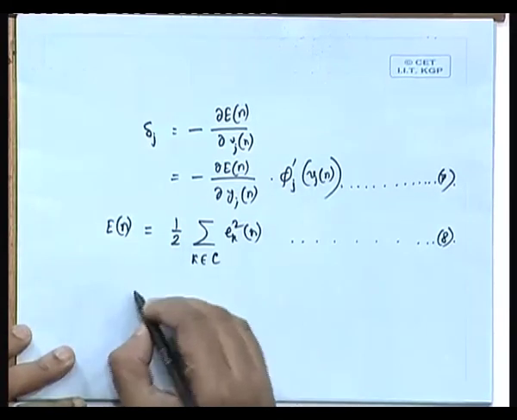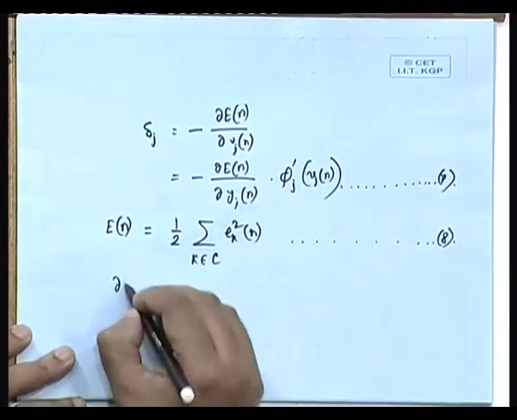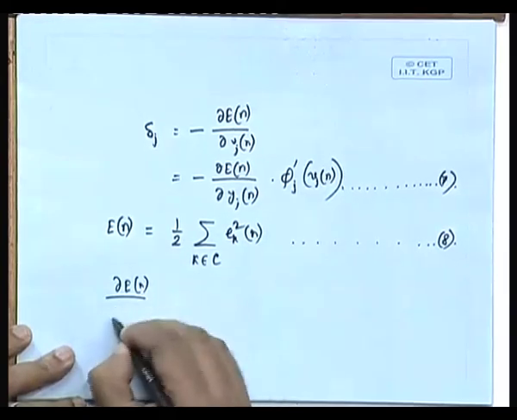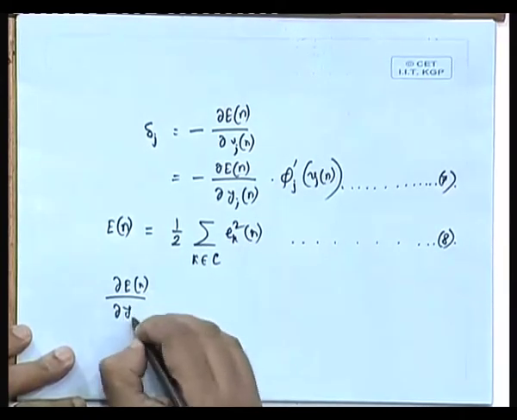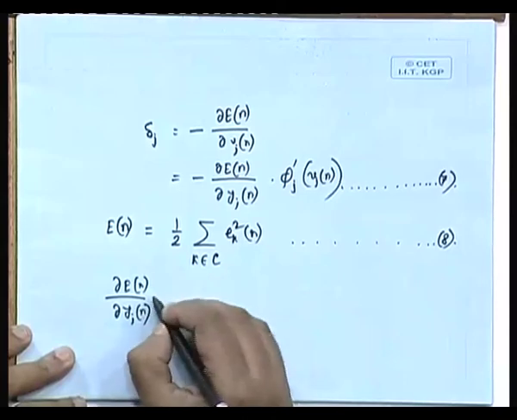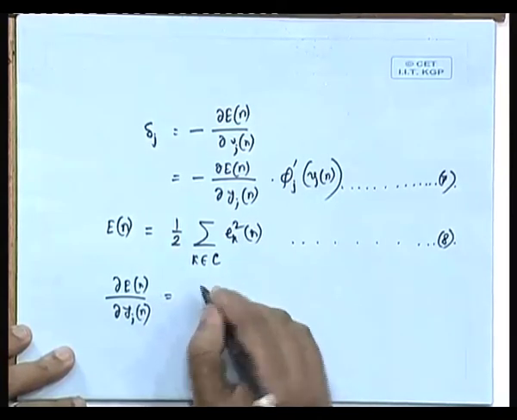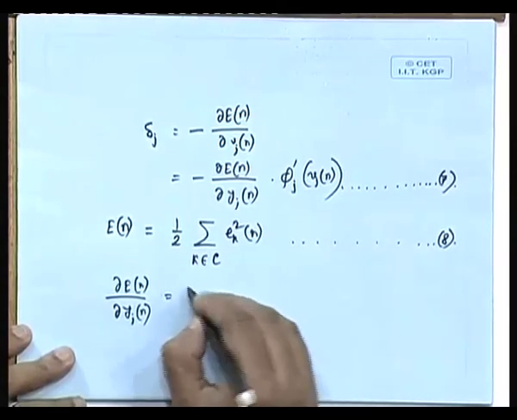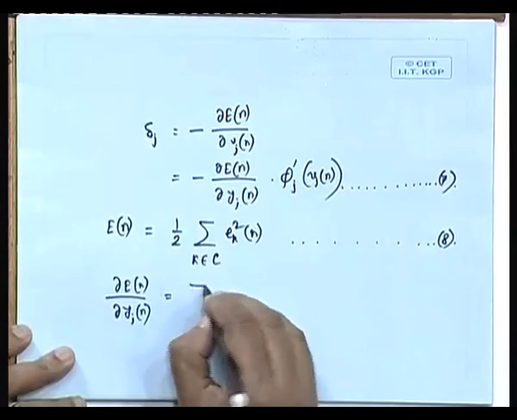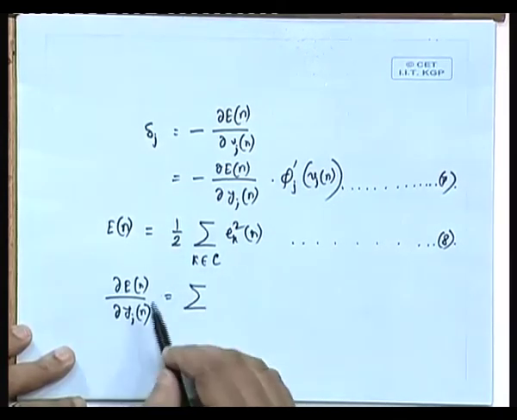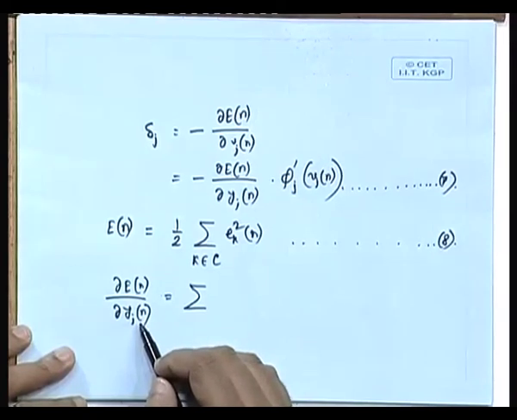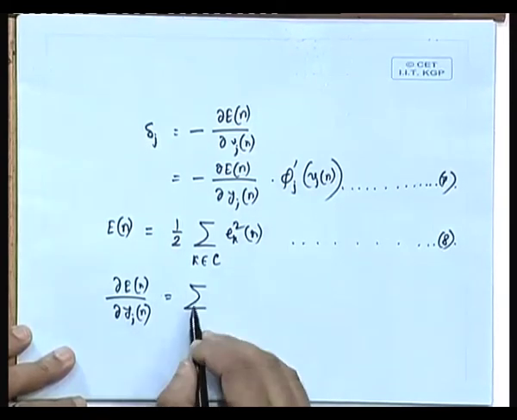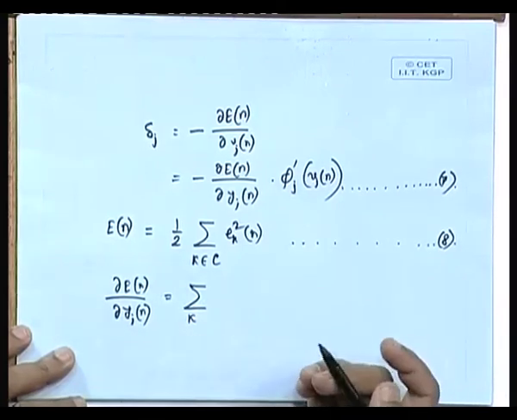Now with that idea, let us try to compute dou En by dou Yj of n. We can first differentiate with respect to Ek, and then Ek can be differentiated with respect to Yj, and we have to sum over all the K's.